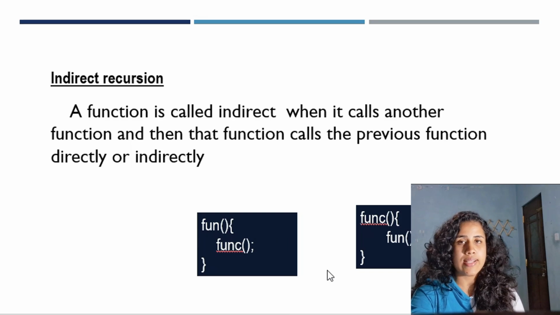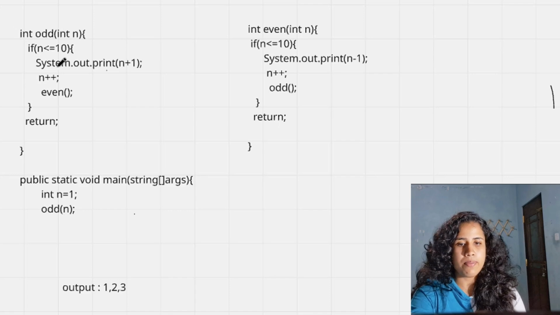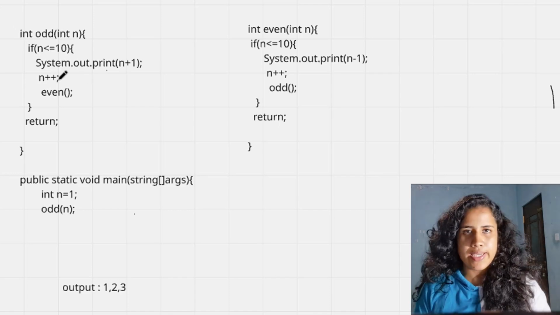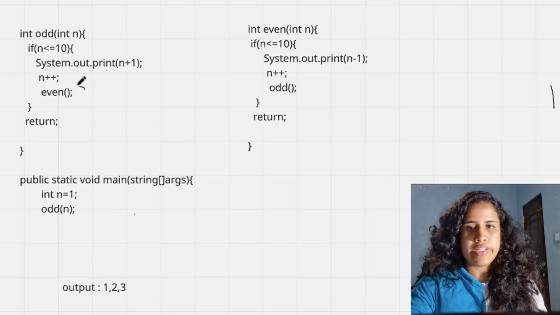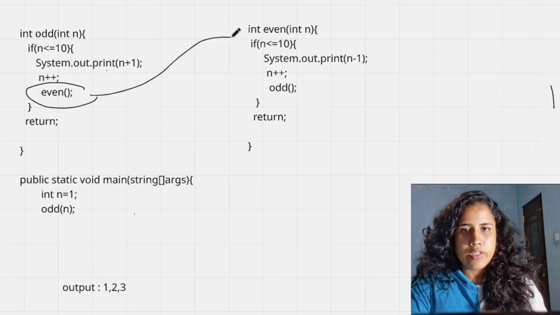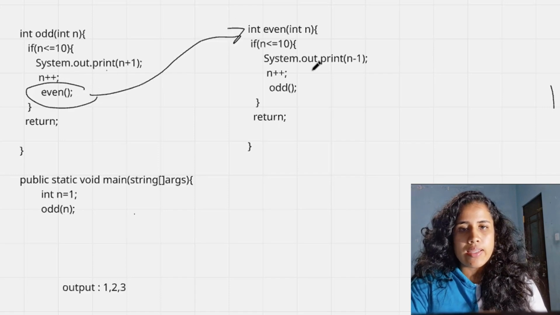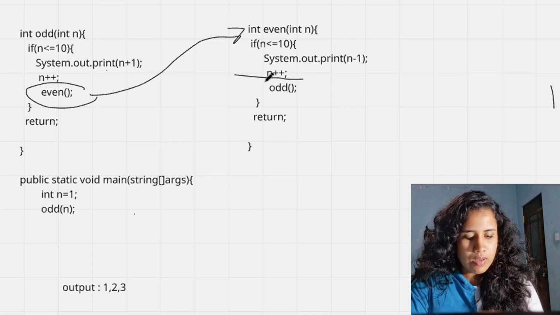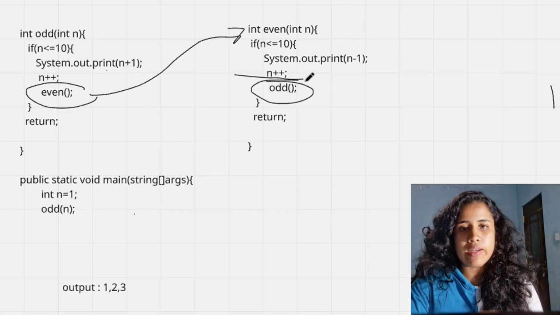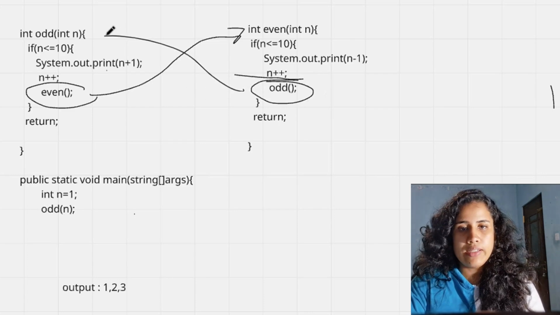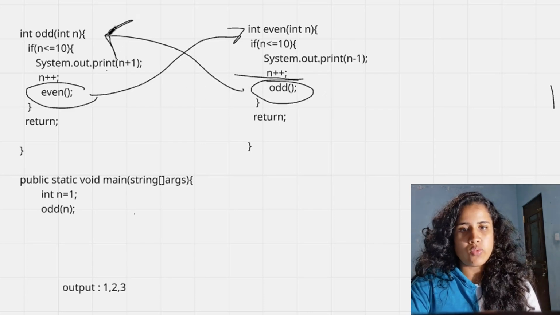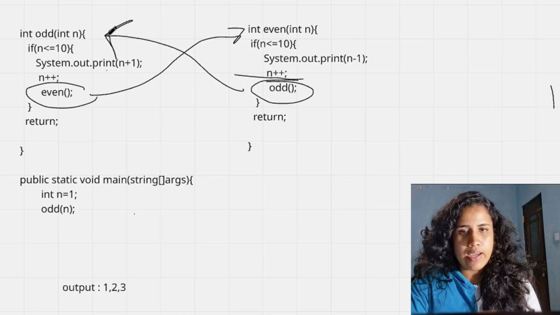Now we'll understand what indirect recursion means using an example. Here we can see that there are two functions named int odd and int even. In int odd, a parameter is passed. If n is smaller than 10, it should print n plus 1, n will be increased, and it will call the even function.